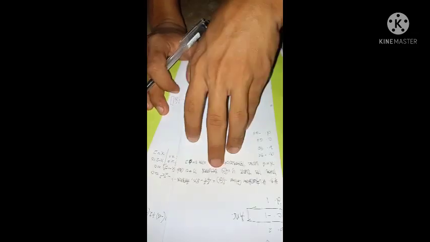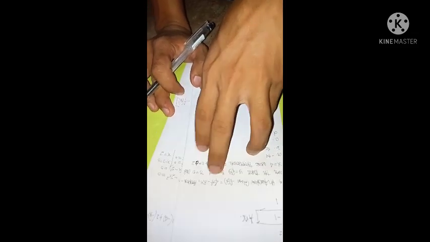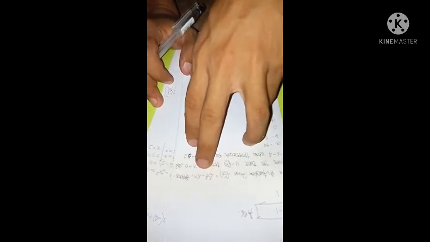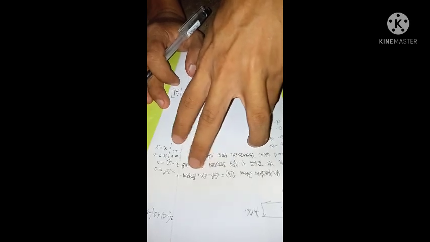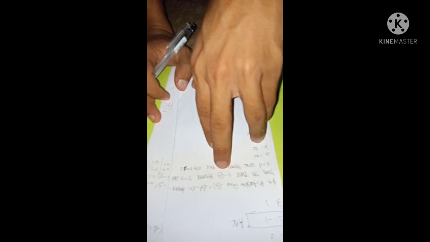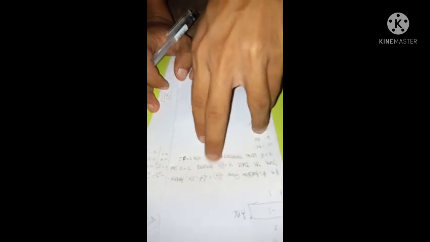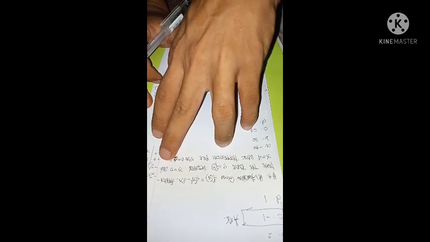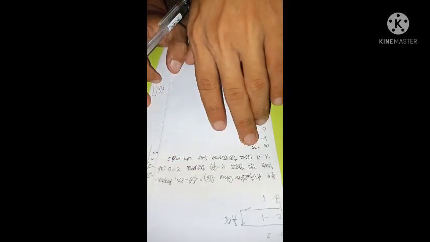So last is, given f of x is equal to 4x squared minus 8x, approximate the curve y is equal to f of x between x is equal to 0 and x is equal to 4 using the trapezoidal rule with n is equal to 2.